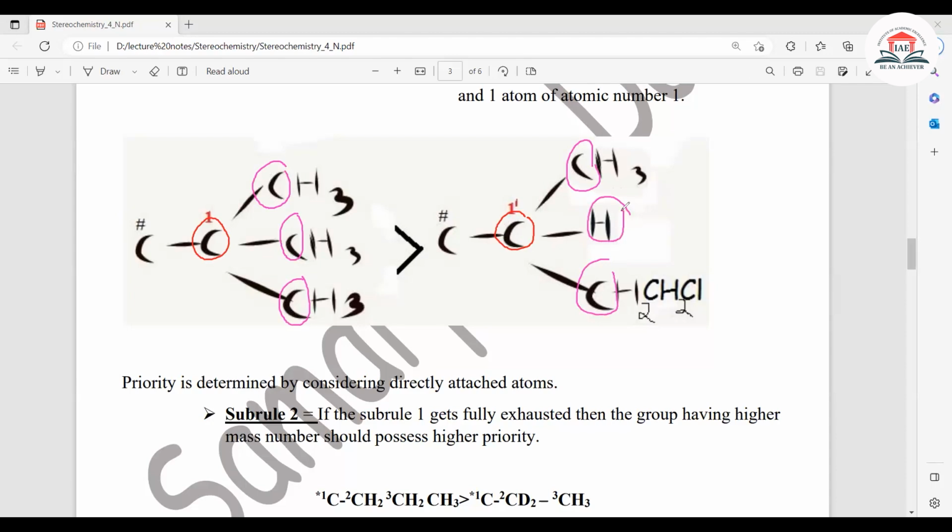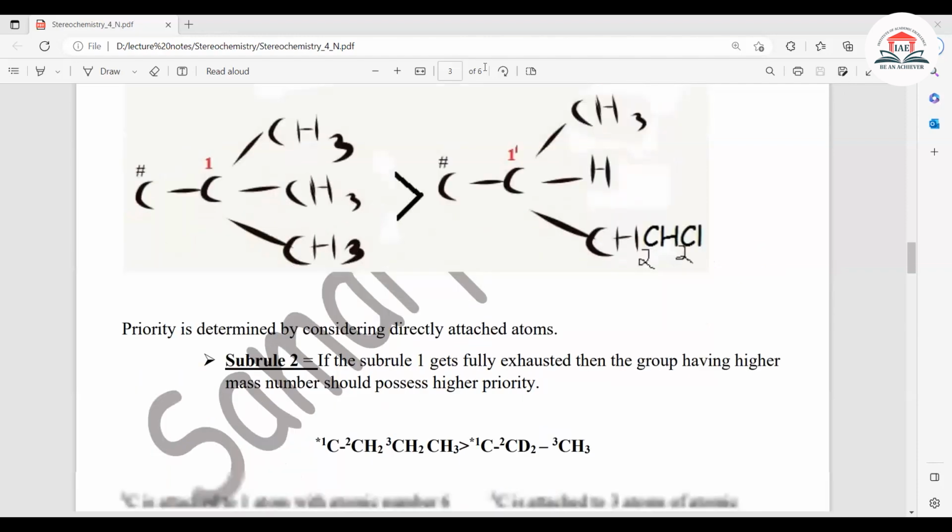Okay? When you are going to the next atom, when you get hydrogen, you will be able to determine that this one will have the greater priority because the second carbon is attached to 3 carbon atoms, whereas the other one is attached to 2 carbon and 1 hydrogen. You will not even look at this part. This part will not even come under consideration.